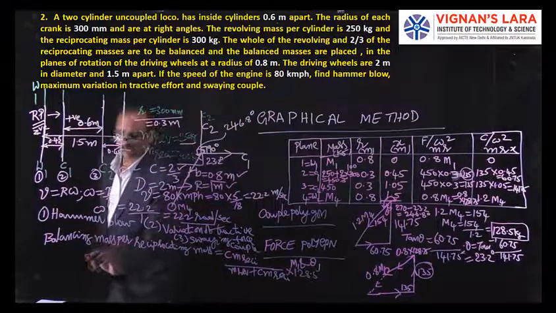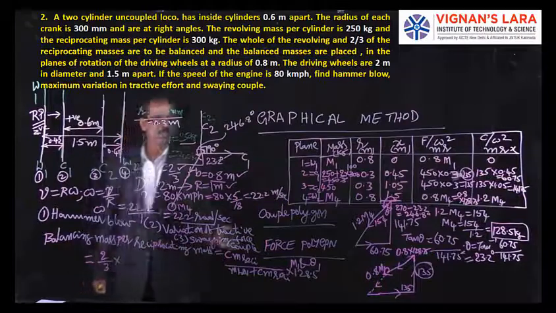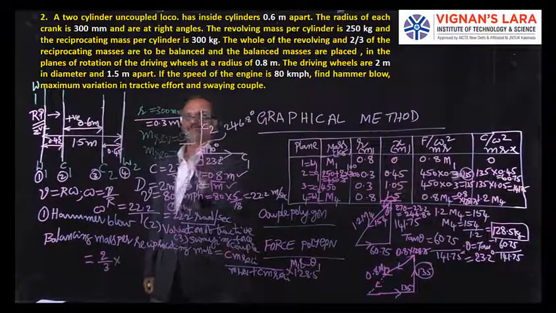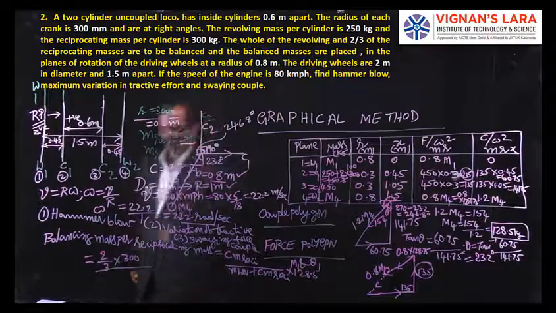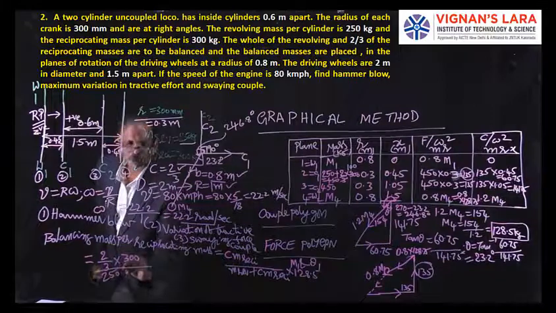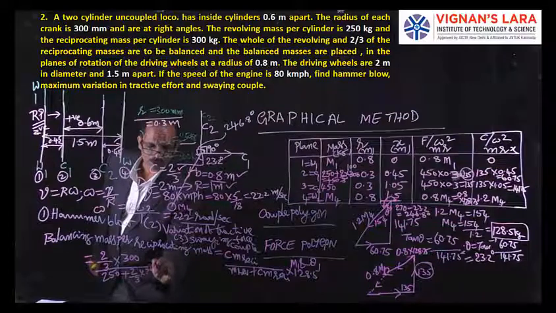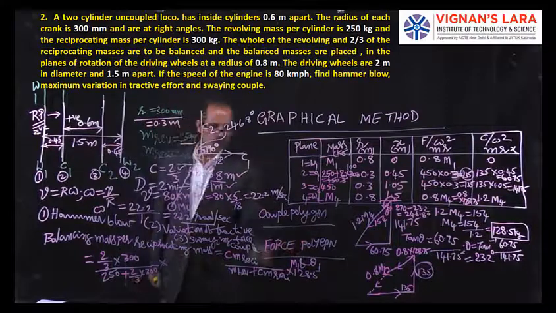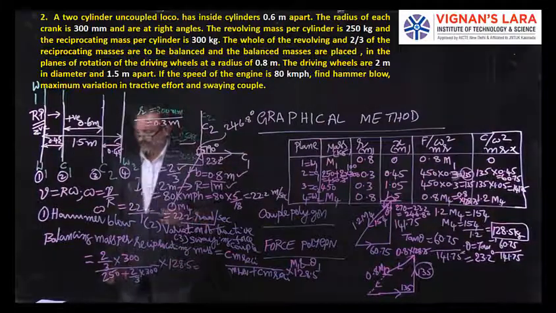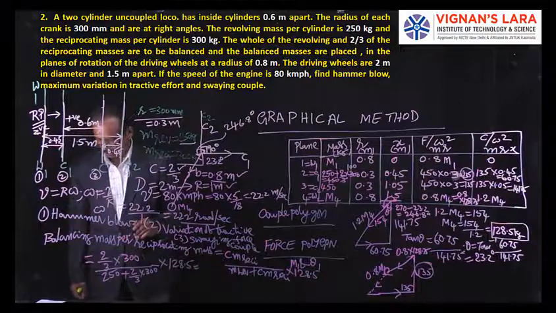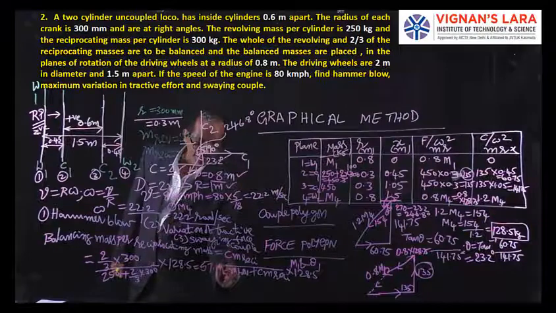What is C? C is given in the problem as 2/3. M reciprocating is given as 300. M revolving is given as 250. So 2/3 times 300 into 128.5. With this calculation you get the mass required, 57.11 kg.